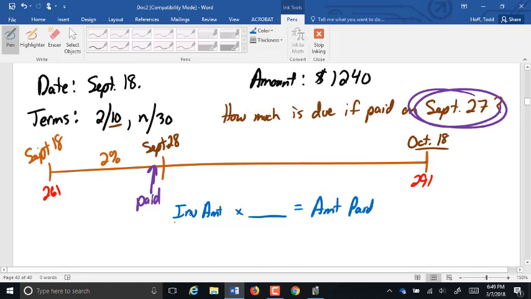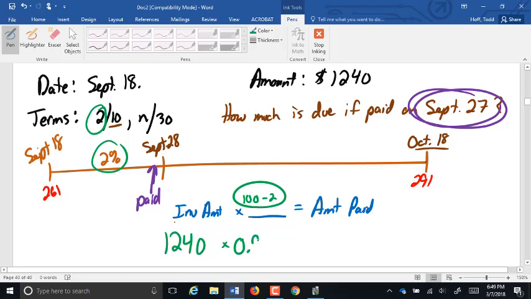So for this problem, the invoice amount is $1,240 times what's our discount? Discount's 2%, so its complement is 100 minus 2 or 0.98, 98%.